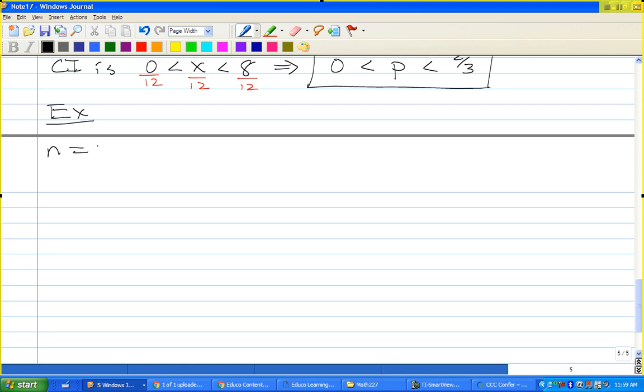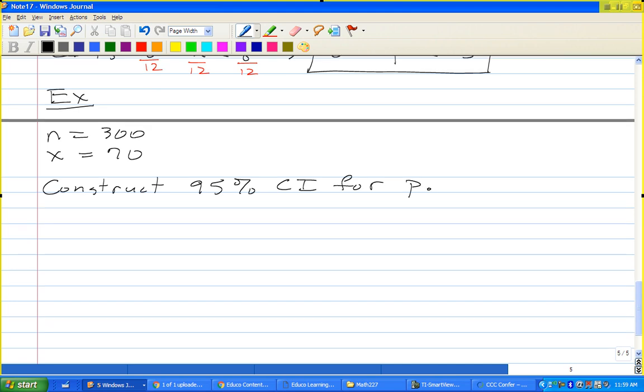N is 300. X is 70. I want to construct a 95% confidence interval for estimating the true population proportion. Okay, good.